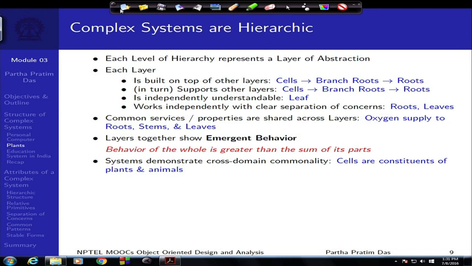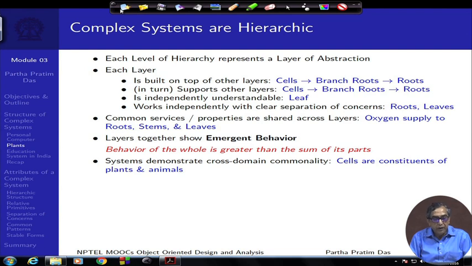And very interestingly, the natural world shows a significant amount of cross domain commonality. For example, in parallel to plant systems, if we study animal systems, we will find a very similar hierarchy of different broad systems like digestive systems, reproductive systems, respiratory systems and so on.